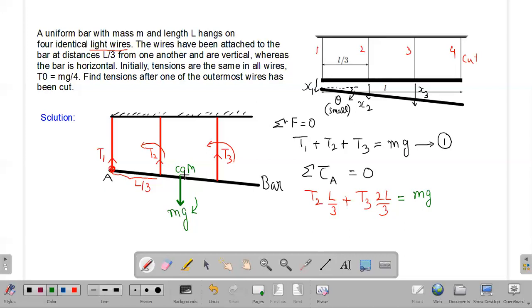Mg is at the midpoint, which is the center of mass, so it must be at a distance of L by 2 from this point A. Force mg is at a distance of L by 2 from point A, and therefore I will write it L by 2. That's my second equation now.